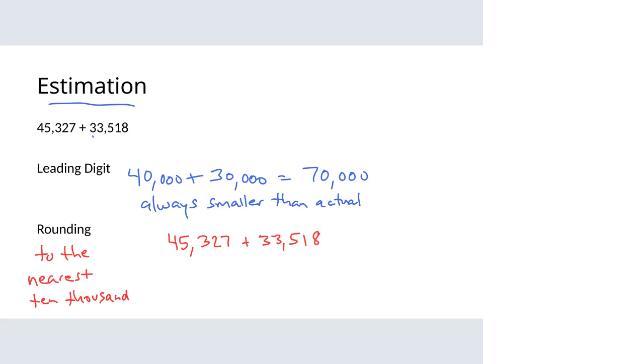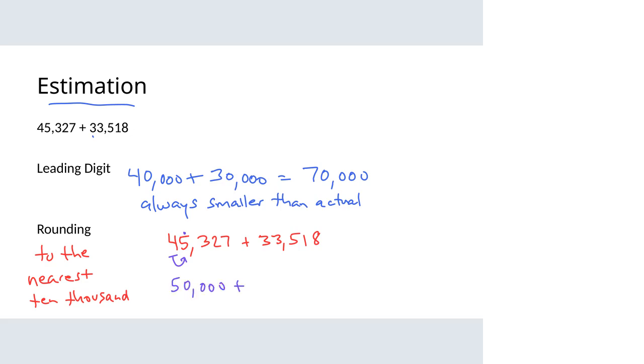And if I want to round to the nearest 10,000, what I'll need to do is find the 10,000th place, which would be here. I'll look one space to the right. If that number is 5 or bigger, we'll round up. If it's 4 or lower, we'll round down. This one's 5 or bigger, so we'll round that up to 50,000.